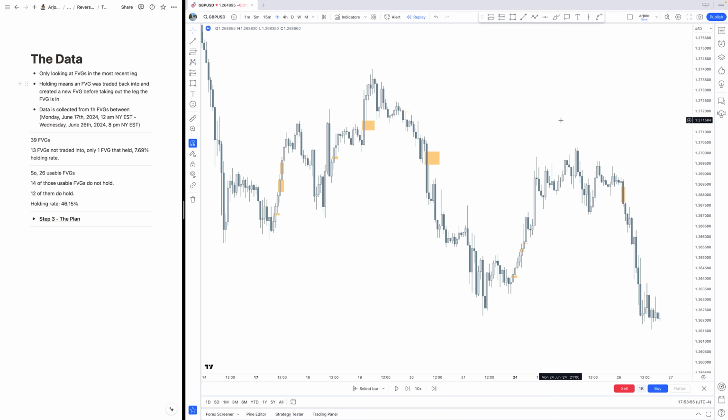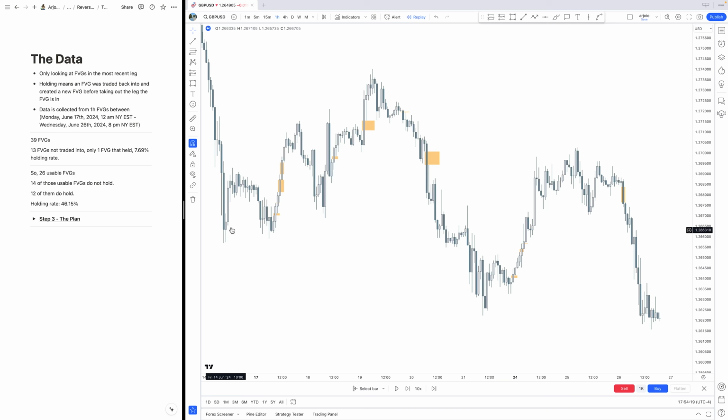Now, off of those 39 fair value gaps, we have 13 orange fair value gaps, meaning they were not directly traded into. Off of those 13 orange fair value gaps, only 1 of those fair value gaps actually held, meaning we had a sting into that fair value gap, and then we created a new fair value gap, which is this fair value gap right here on the left.